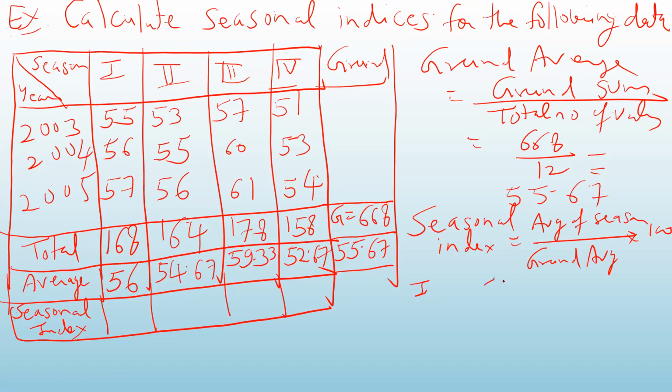So 56 into 100 divided by 55.67 gives me 100.59. So the seasonal index for the first season is 100.59.